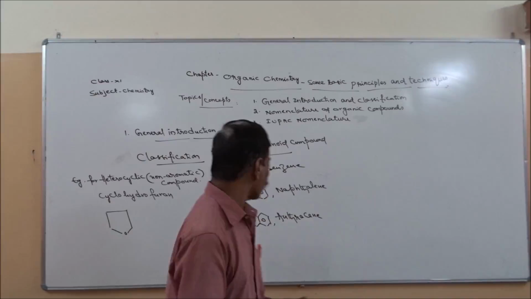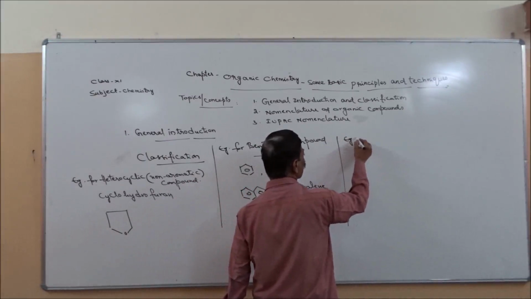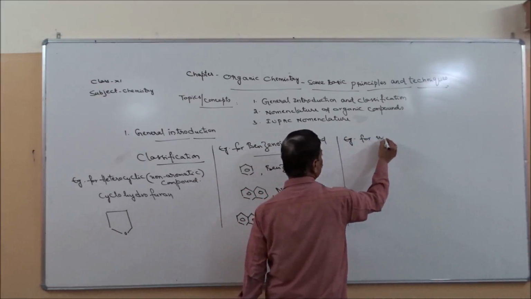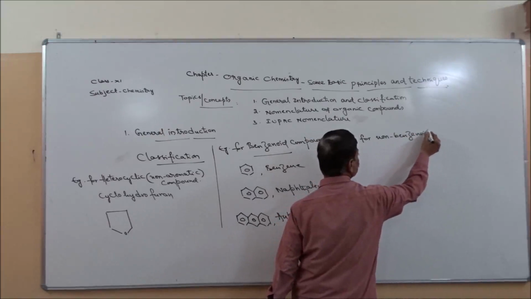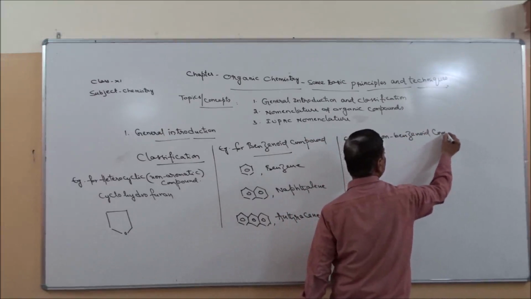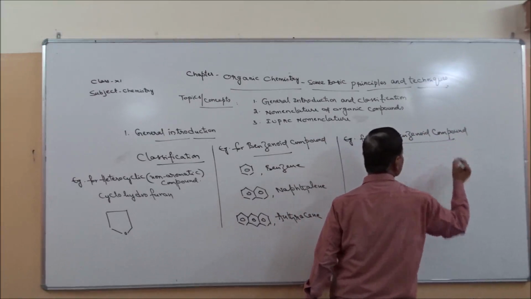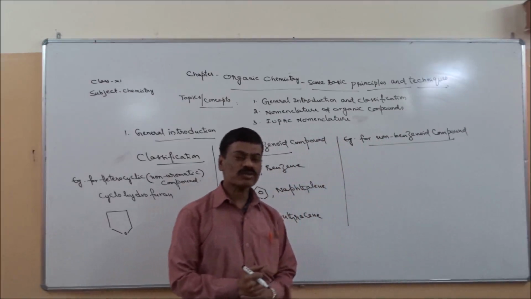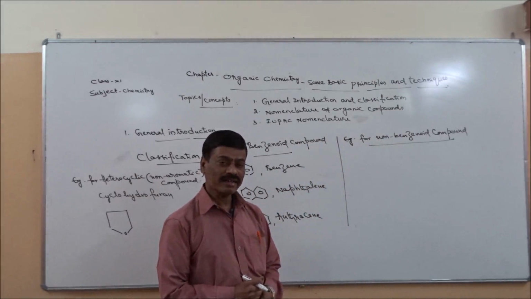Now let us see non-benzenoid compounds. Example for non-benzenoid compound. A non-benzenoid compound is one which should not have a benzene type of structure in it.